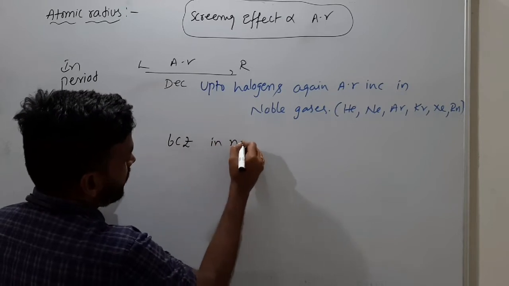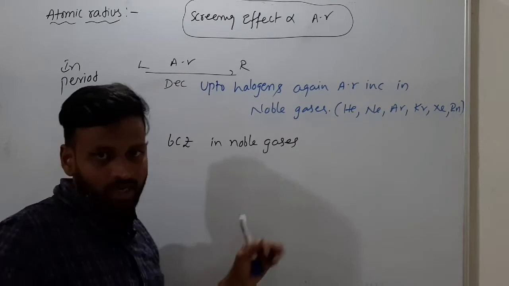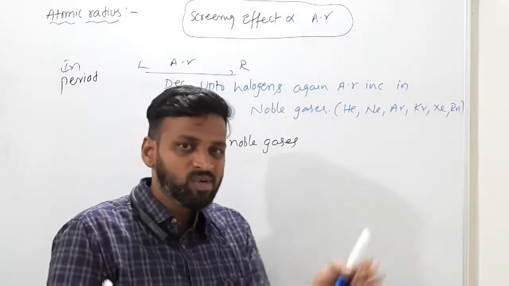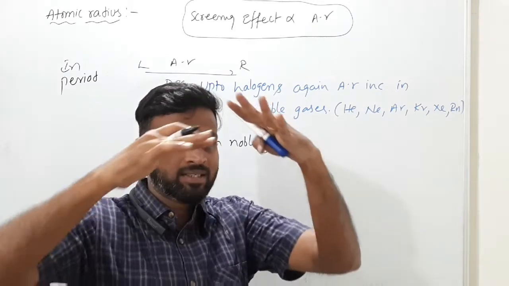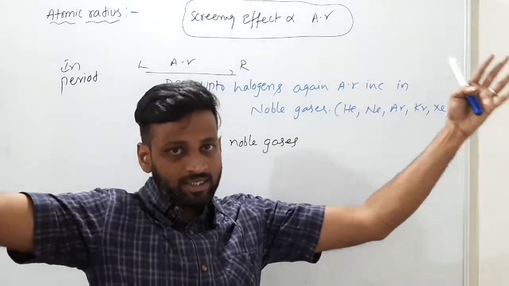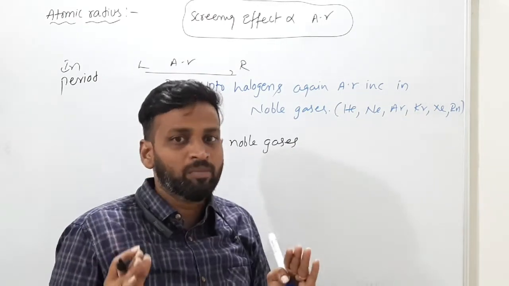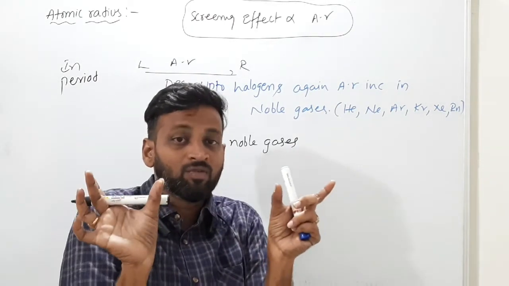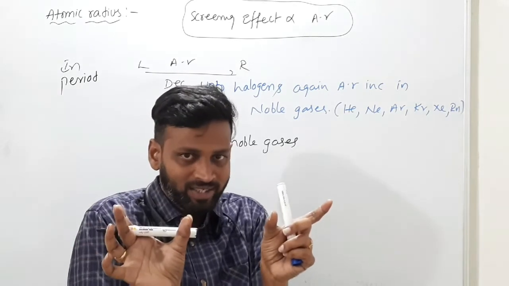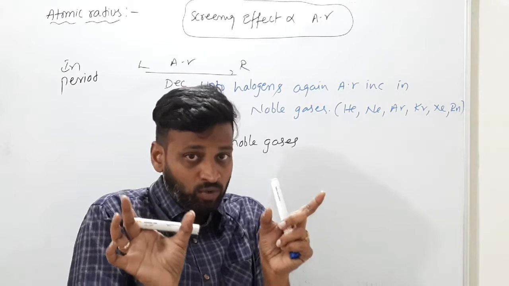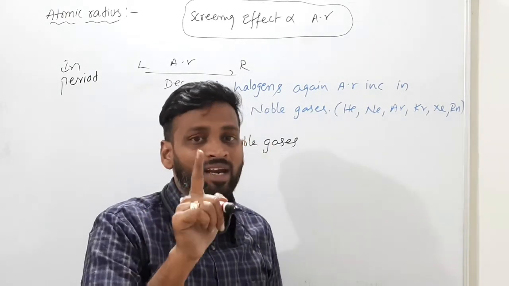Noble gases originally exist as gases, but on compression in their solid physical state they come closer with a minimum distance. Then you consider van der Waals radius. When two gaseous atoms in the solid state are in closest approach, half of the internuclear distance is called van der Waals radius.